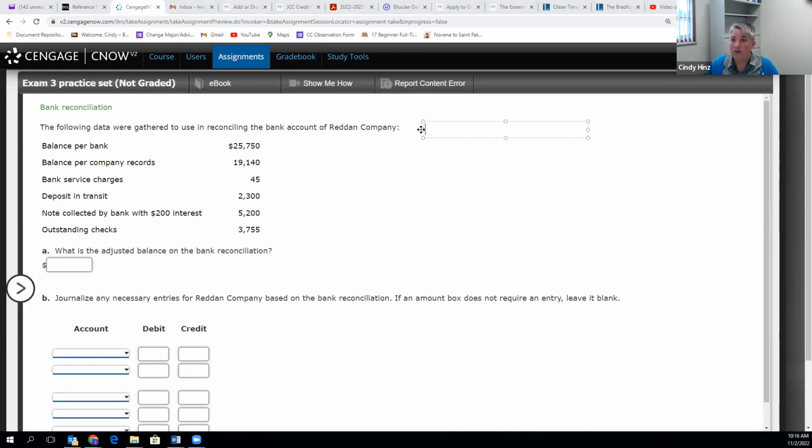So we know that we're going to be starting with the bank balance, which we're told is $25,750, and we're comparing that to our balance, which we're told is $19,140. And our job with the bank reconciliation is to identify the differences.